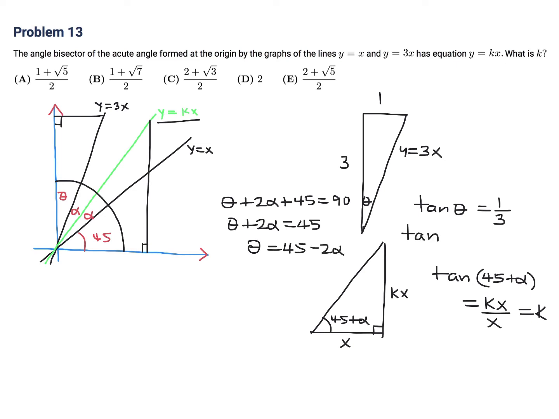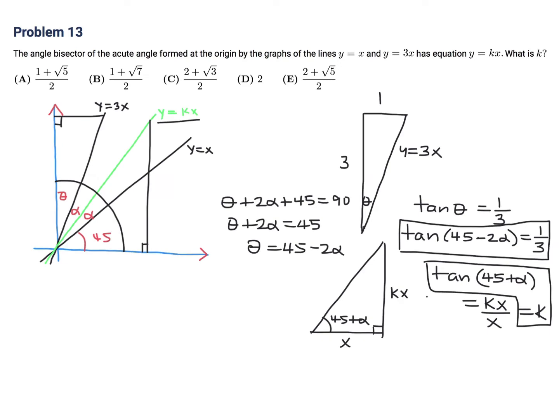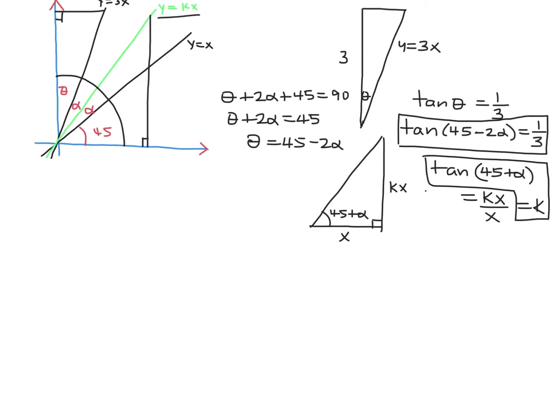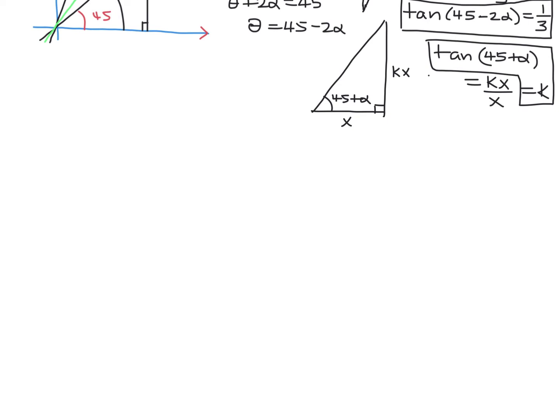Instead of tan theta, I just put tan of (45 minus 2 alpha) is equal to 1/3. So that's a pretty good setup. This equation right here and this equation right here, those two are going to be used to figure out the answer to this question.